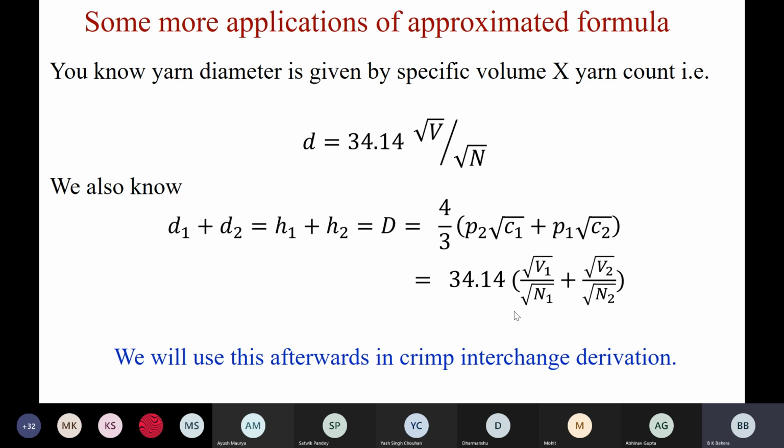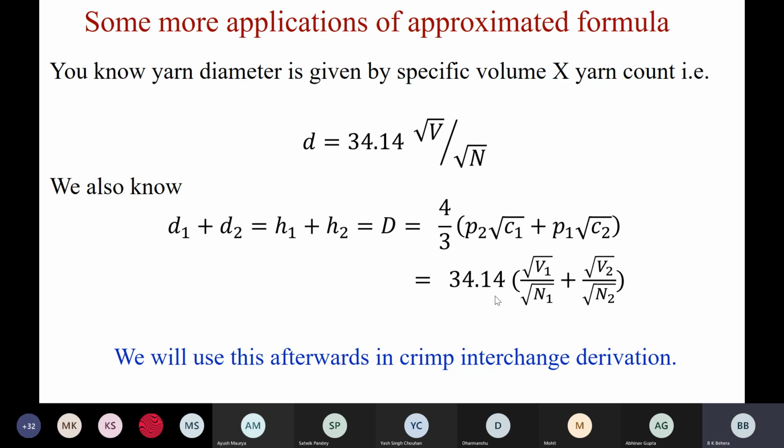I am not using this equation further, because since we are now discussing this point, I just want to stop it here as far as this explanation is concerned, so that when I will be using this equation in future, there is a chapter called crimp interchange derivation. I will be using this relationship. So at that time, please remember, don't say where from this relationship came.